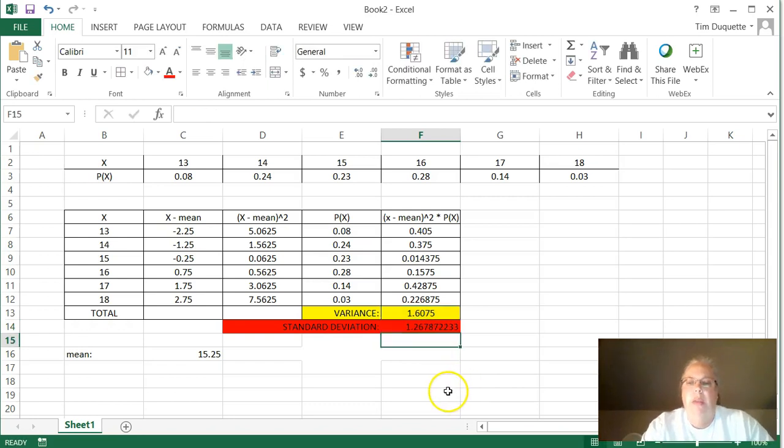And that is going to give me 1.2678 and so on. I'm going to shorten that up a little bit because we have been rounding everything to 4 decimal places, so we'll keep that. So that gives me 1.2679 for my standard deviation.